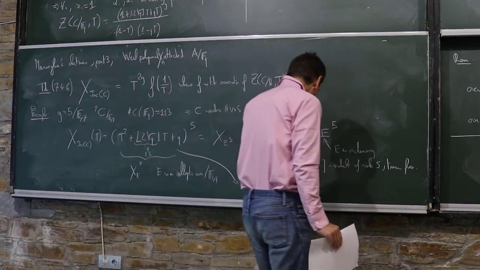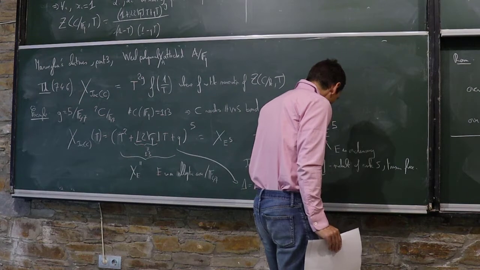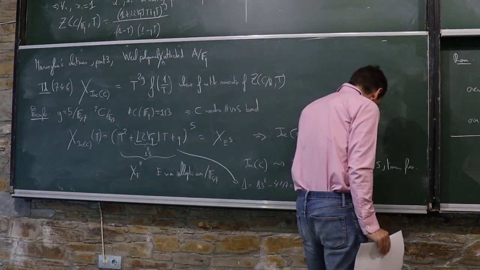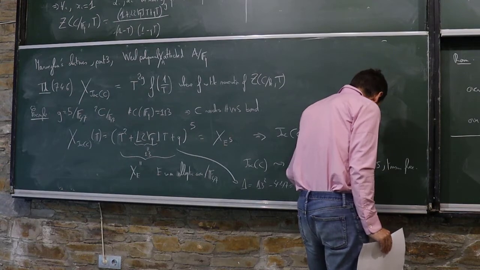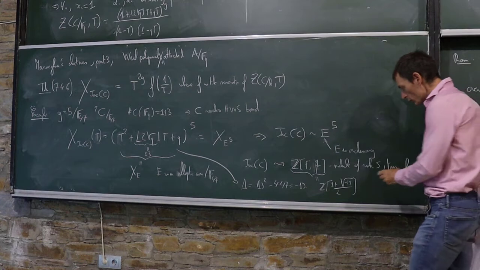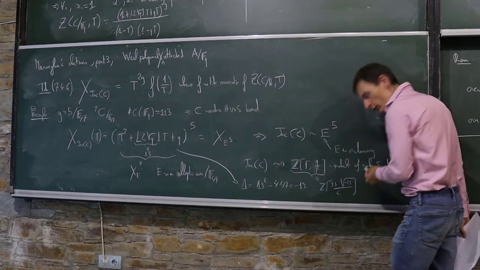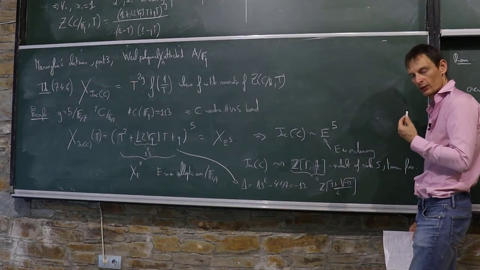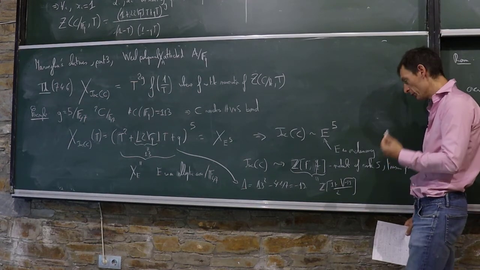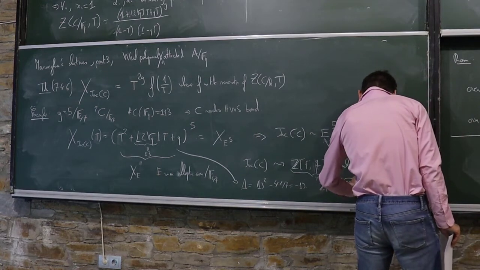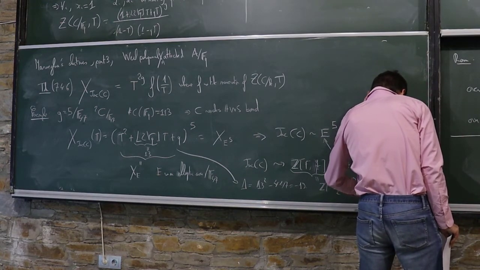Meaning that this ring is just Z[(1+√-19)/2]. And this is really nice, because you may remember that this ring is one of the imaginary quadratic orders which has class number 1. It is principal.